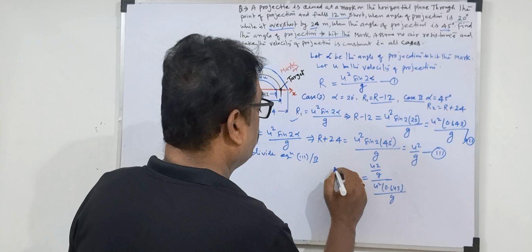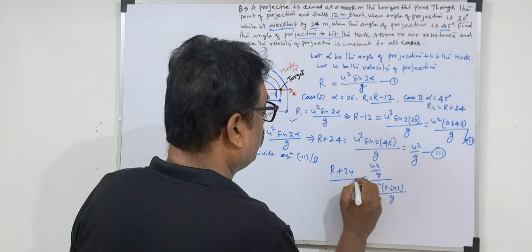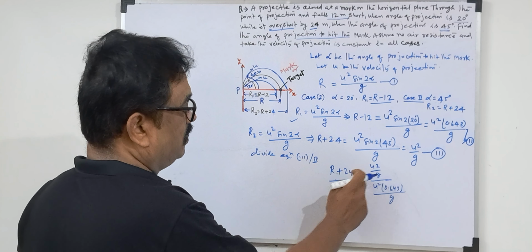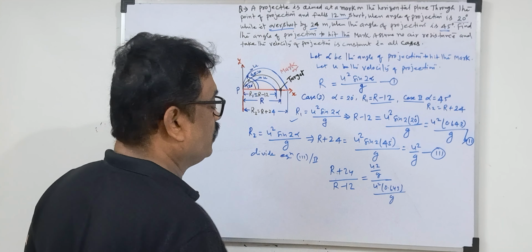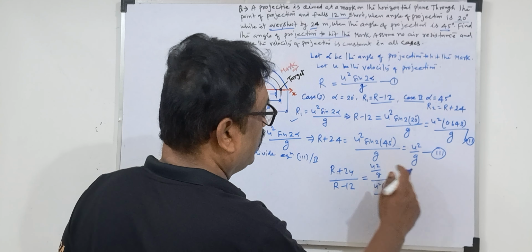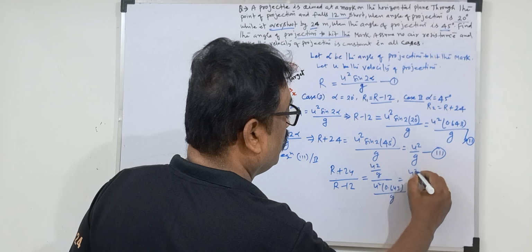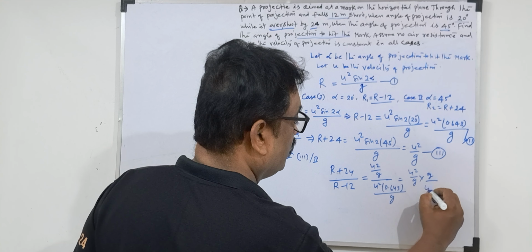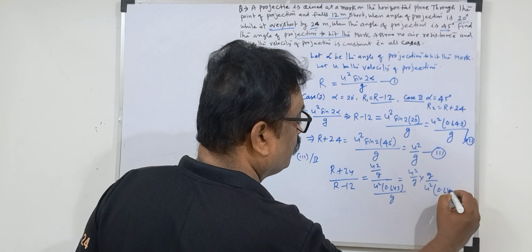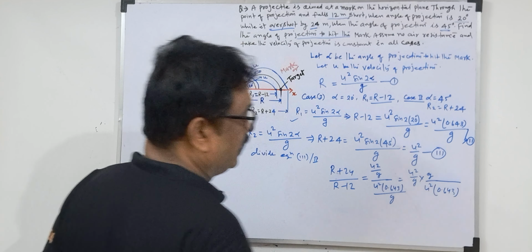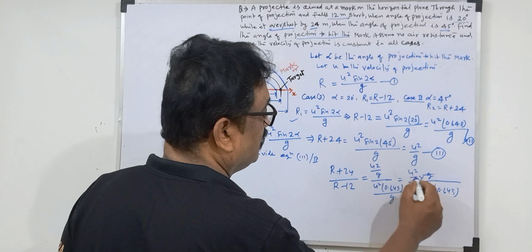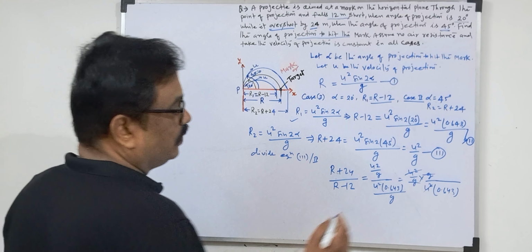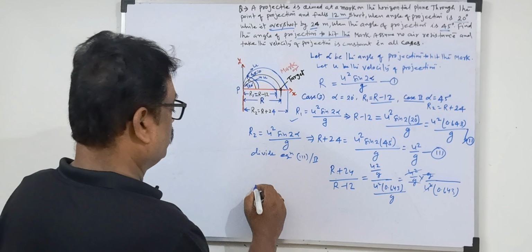R plus 24 divided by R minus 12 equals equation 3, u square by g, divided by equation 2, u square times 0.643 by g. Now g gets cancelled and u square gets cancelled, so we get 1 by 0.643, which will become about 1.5.